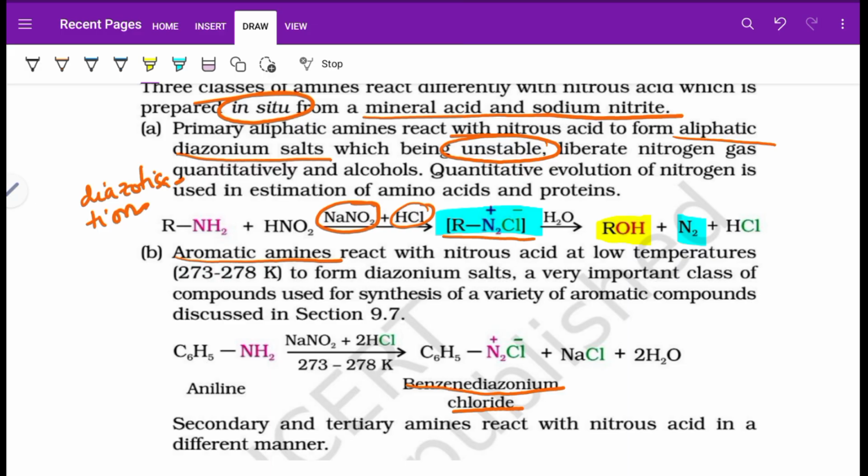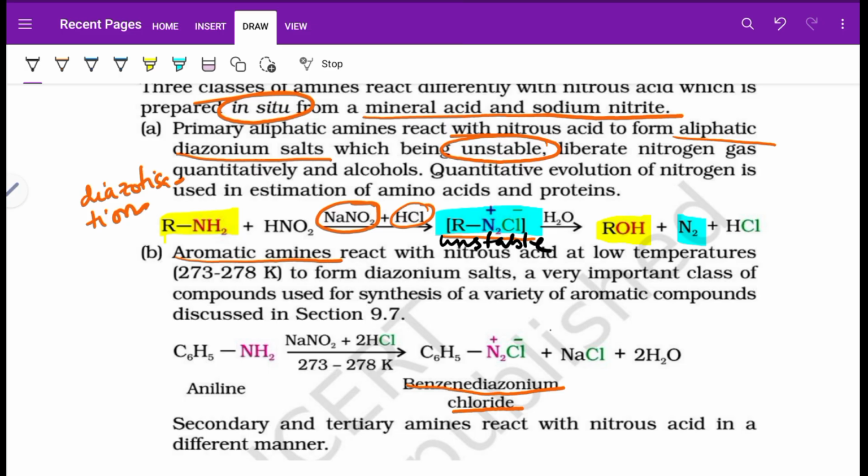The final product with aliphatic primary amines will be alcohol and not the diazonium salt, because it is unstable in nature.